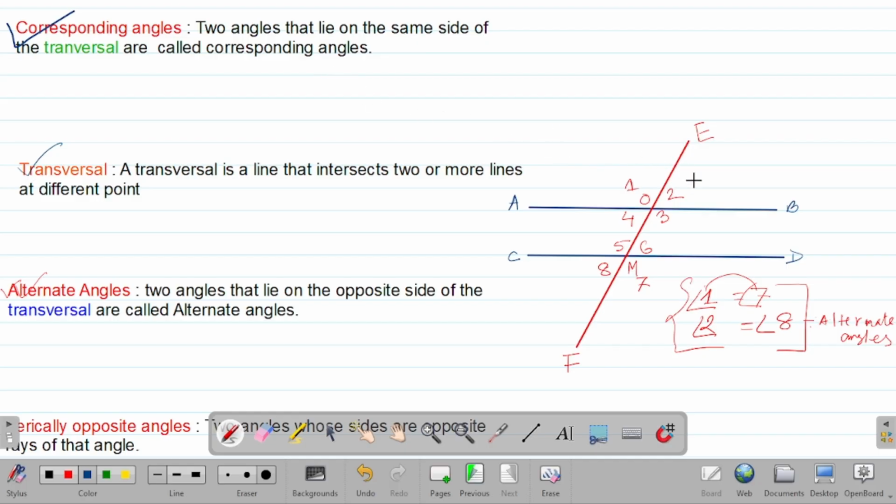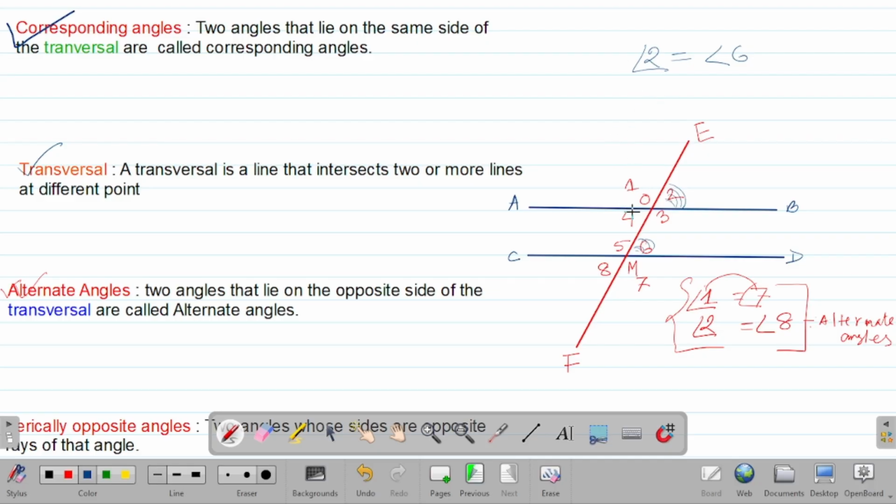That means if we find the corresponding angles of the transversal EF, then angle 2 is equal to angle 6, and they are on the same side of the transversal.